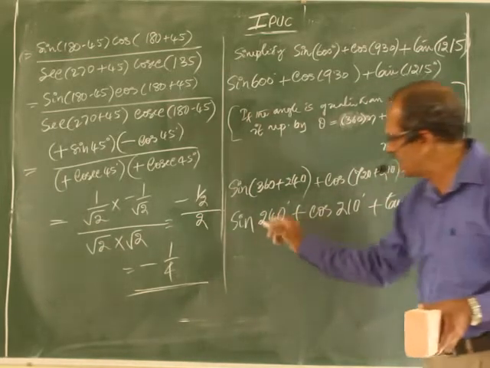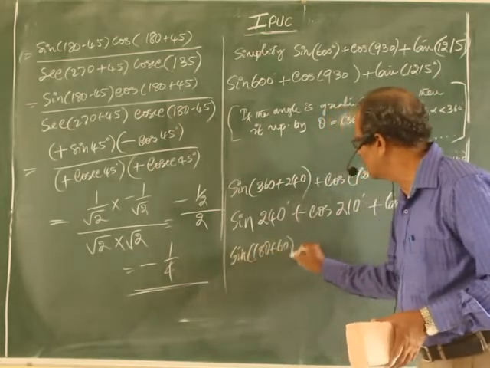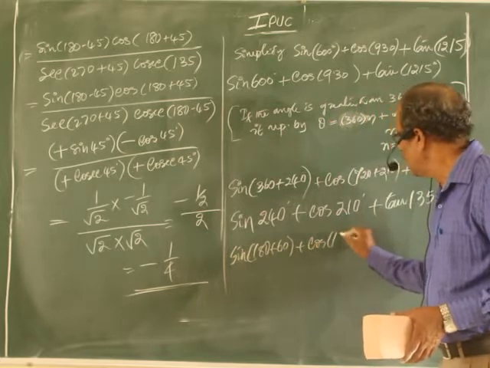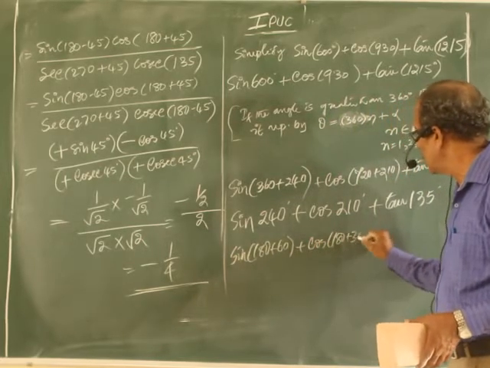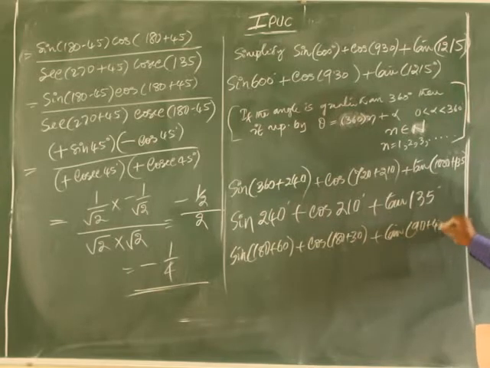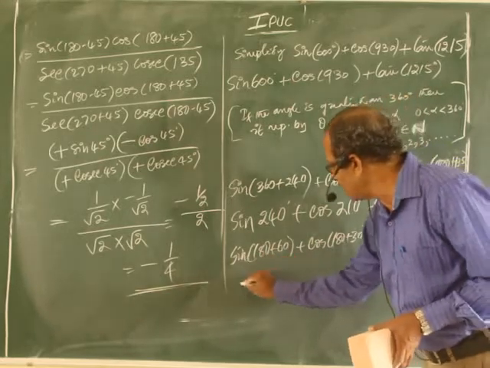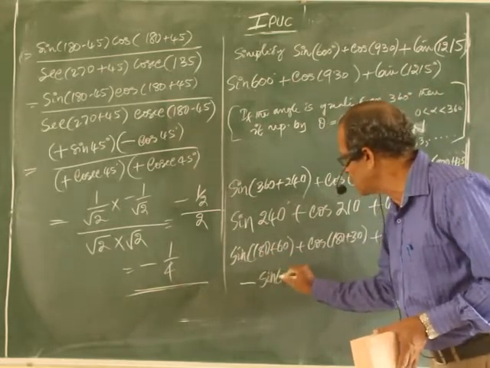Now it is allied angle. 180 plus 60, standard form. Cos 180 plus 30, tan 90 plus 45. Okay. Third quadrant, sin minus, sin remains the same.